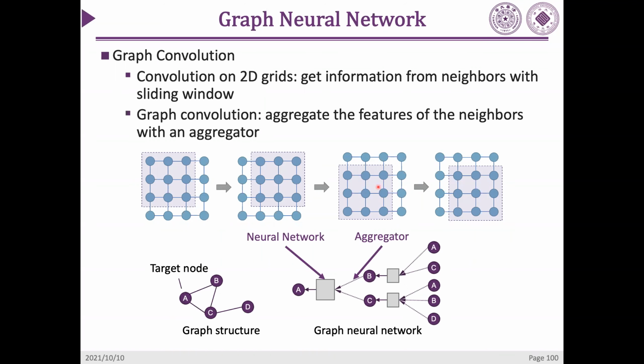And in the graph neural network, the graph convolution is proposed, and researchers use an aggregator to collect the embeddings from the neighbors, and then send the output to a fully connected neural network.